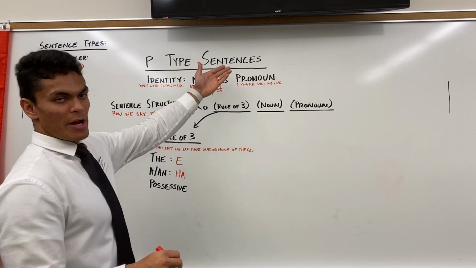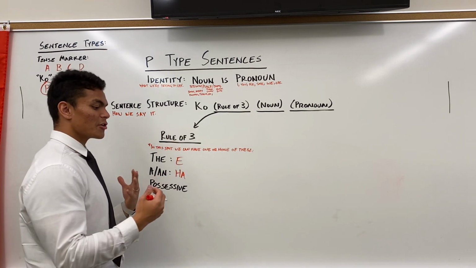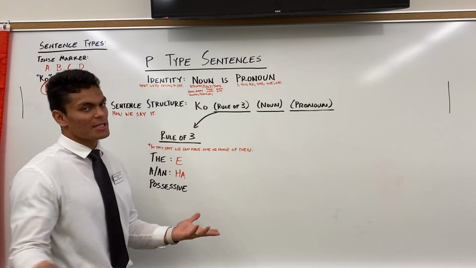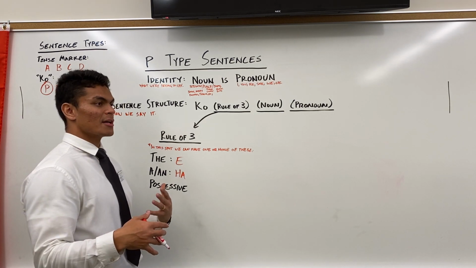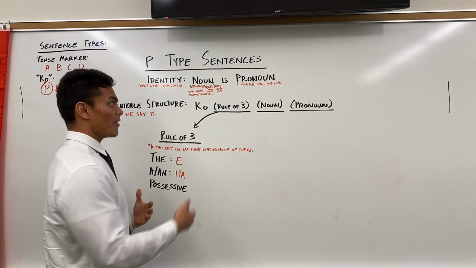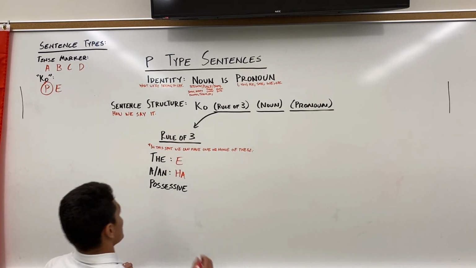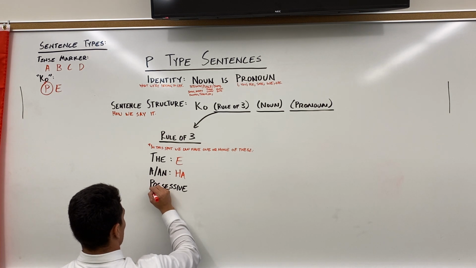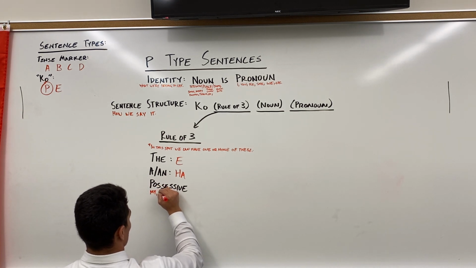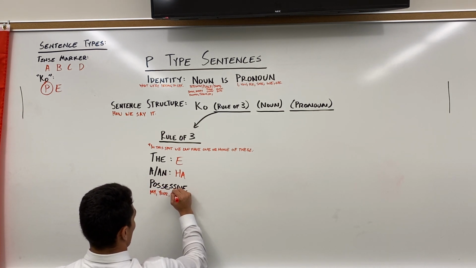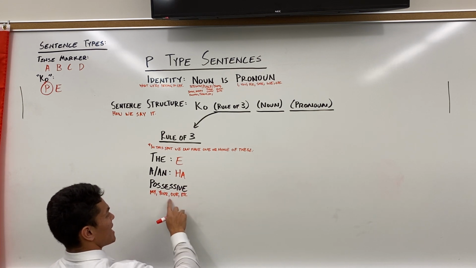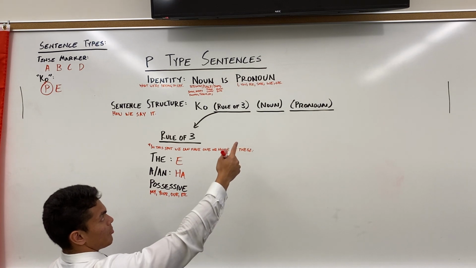Possessive is much like a pronoun. It's easier if I give you examples of what a possessive is. So a possessive is a word that shows possession of a pronoun. So examples would be something like my, your, our, etc. It's basically a word that shows possession like a pronoun.